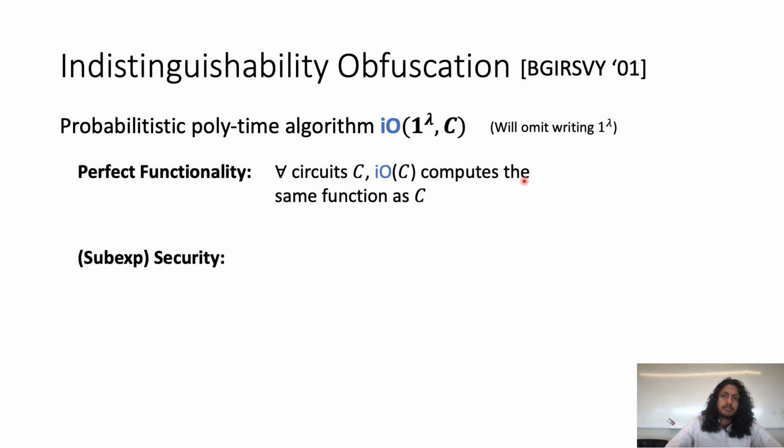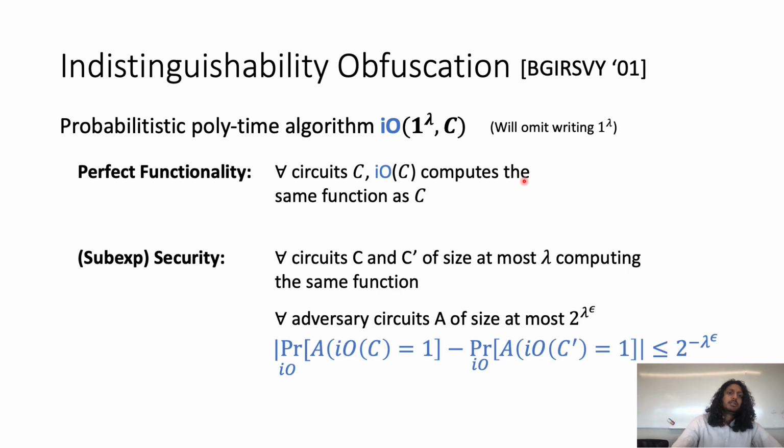The other property, the notion of security, is that for any two circuits of roughly the same size that compute the same function, no adversary can tell the difference between the I/O of C and the I/O of C prime.